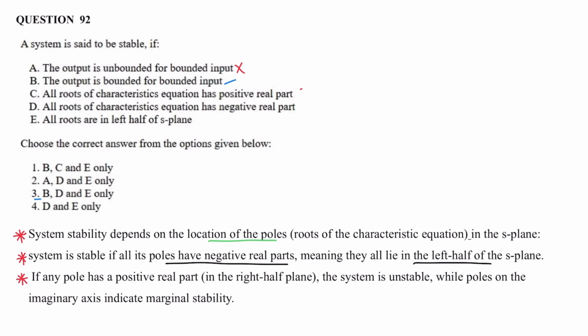Statement C is incorrect. Statement D: all roots of the characteristic equation have negative real parts. Statement D is correct. Statement E: all roots are in the left half of the S-plane. Statement E is correct. Correct statements are B, D, E. Correct answer is option 3.